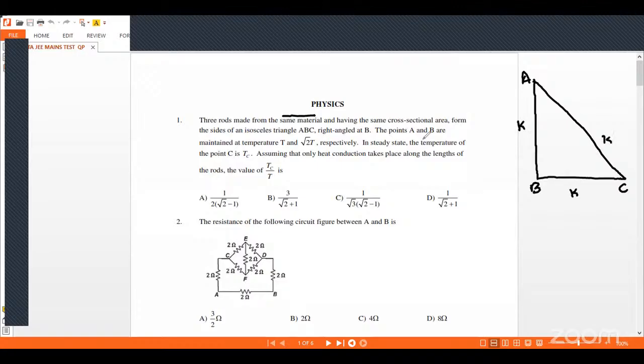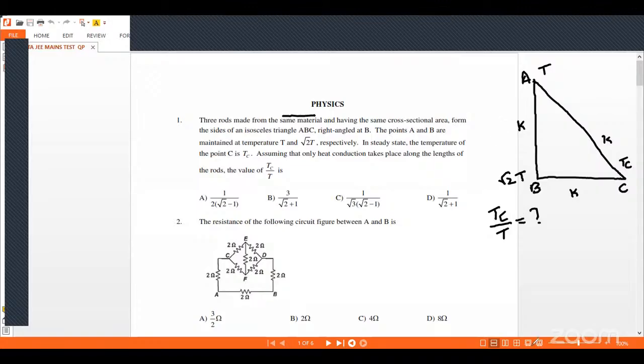Temperature at A is T, at B it is root 2T, and at C it is Tc. Heat will conduct along the length of the rods. We need to find the ratio Tc by T.